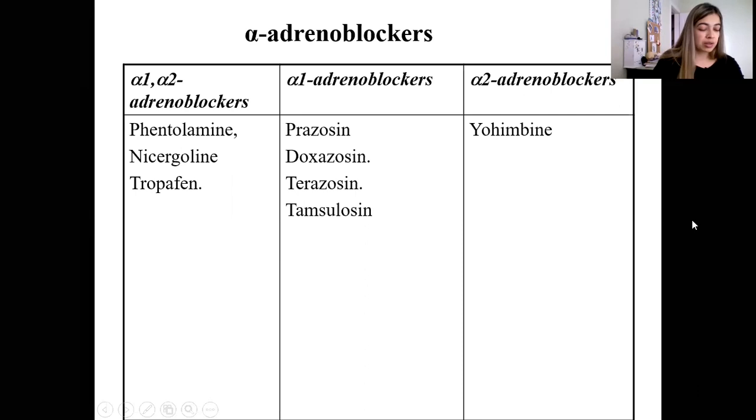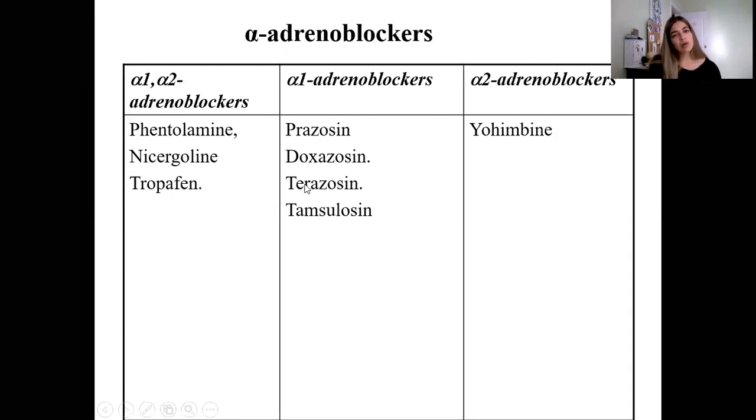Okay, what can the adrenoblockers be? As we have already discussed for the drugs which stimulate adrenoreceptors, we have selective and non-selective drugs. Non-selective ones don't select the receptors on which they will work. They affect both alpha 1 and alpha 2, if we are talking about alpha adrenoblockers. The examples are here: phentolamine, nicergoline, tropodifen.